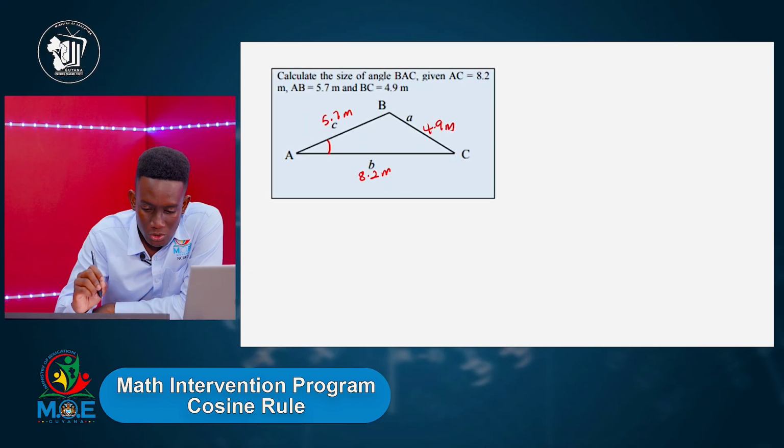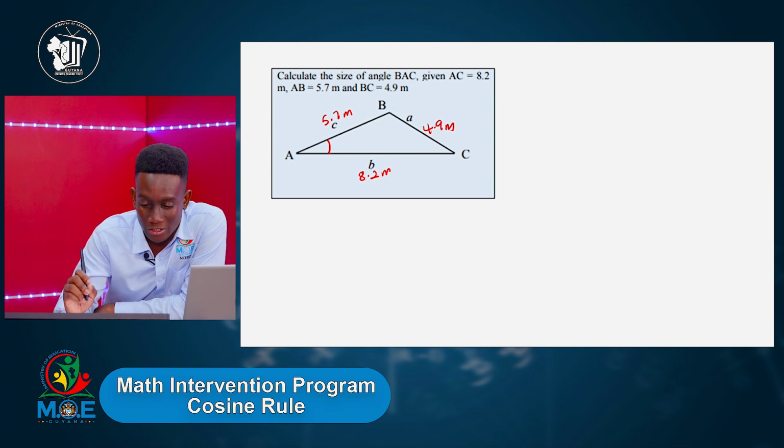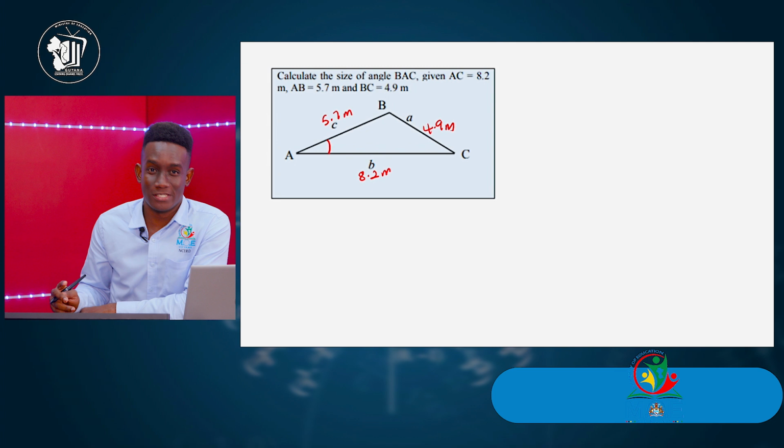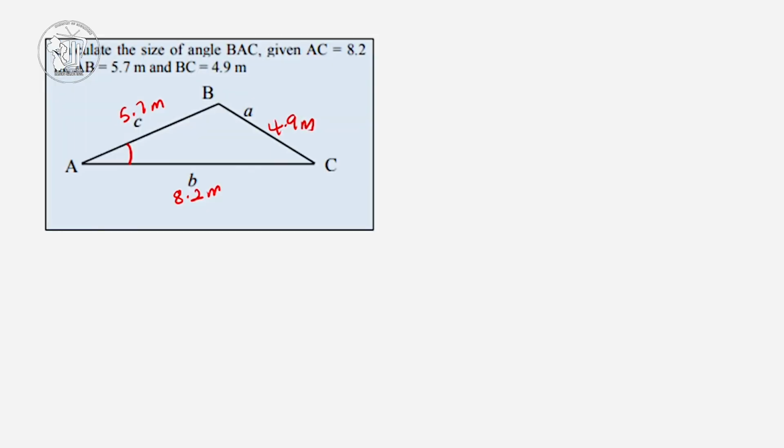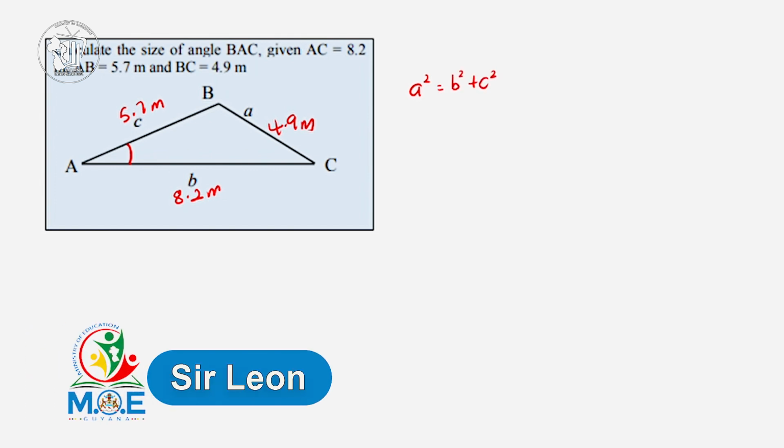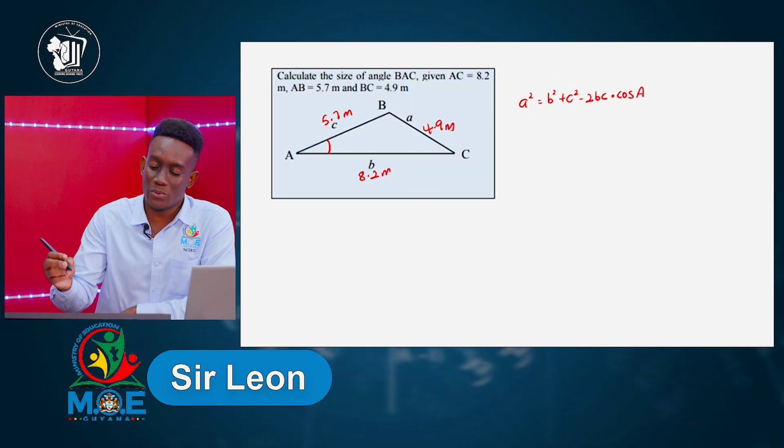So now we are using the cosine rule to find for a side. So in this case, we want to find for angle A. So the side A should be the subject of the formula. So we can say A squared is equal to B squared plus C squared minus 2BC, all multiplied by cos A. So we put in the values that we know.